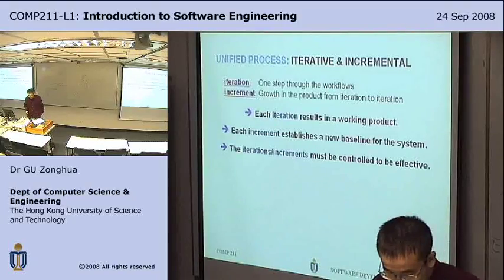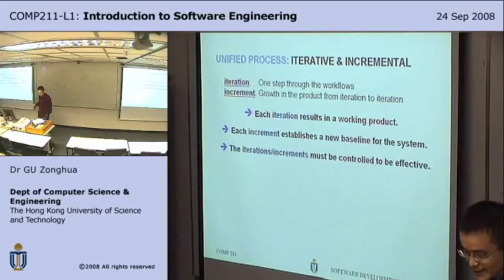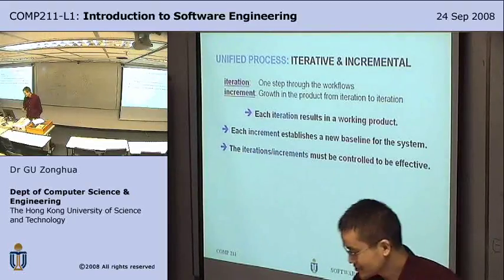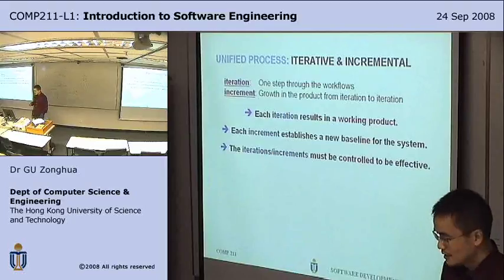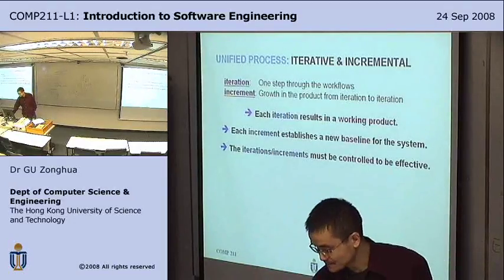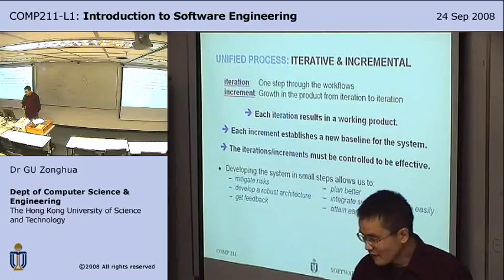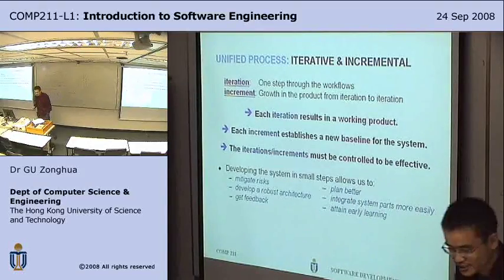Iterations and increments must be controlled to be effective. By control, we mean planned. So you need to plan the iterations very early, so you have concrete milestones. Developing the system in small steps allows us to mitigate risks.